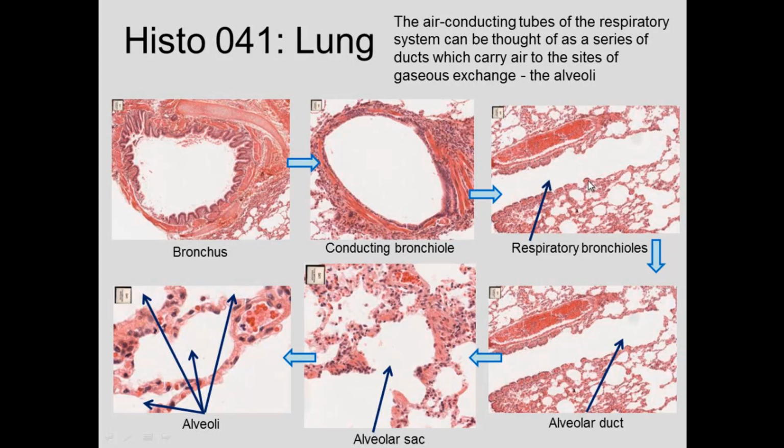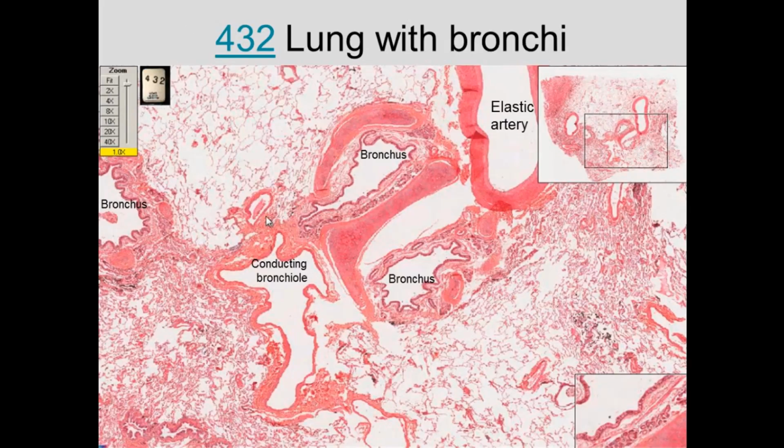The respiratory bronchiole opens out into alveoli, and then the alveolar ducts open up into the alveolar sacs, and then the alveolar sacs give way to the alveoli. Here we see the bronchus here, here, and here because they have the cartilage plates, and then we have a conducting bronchiole which no longer has a plate.